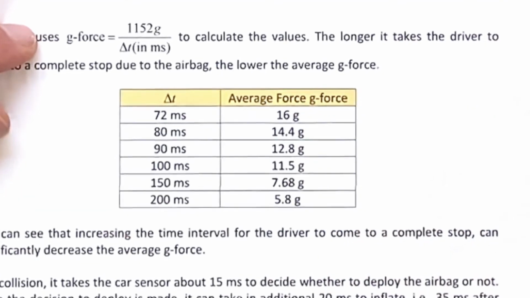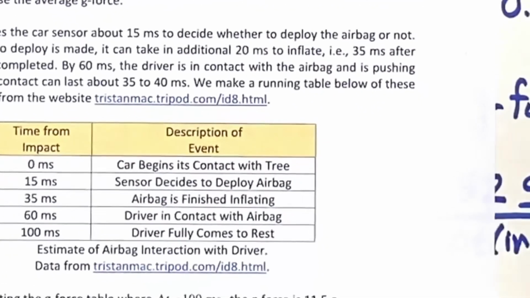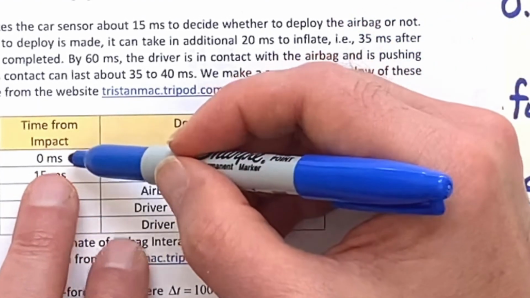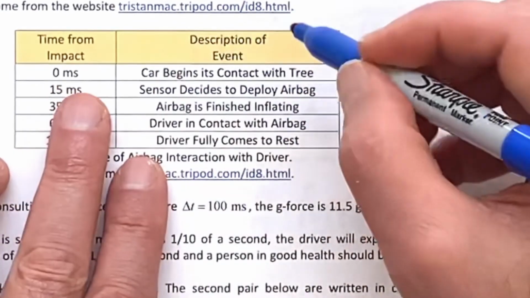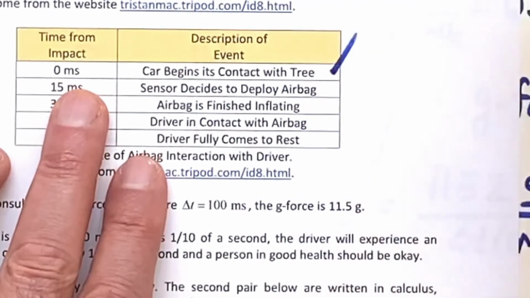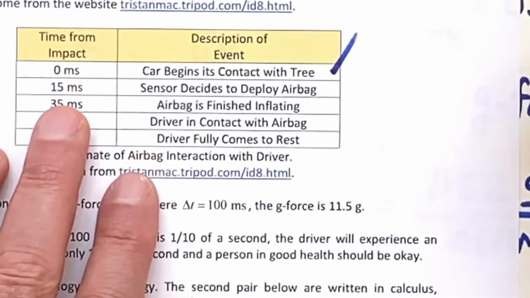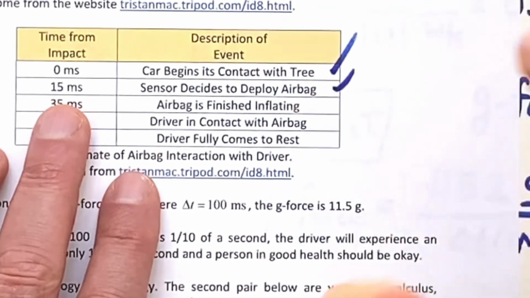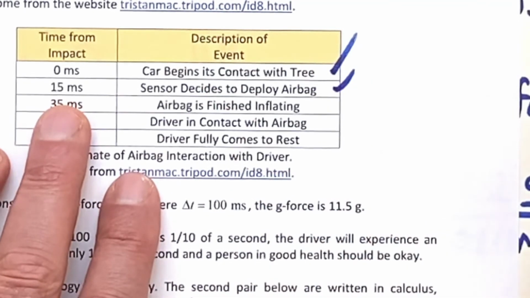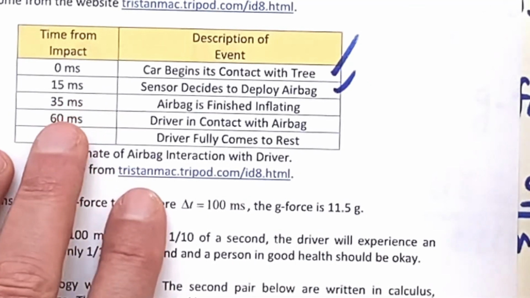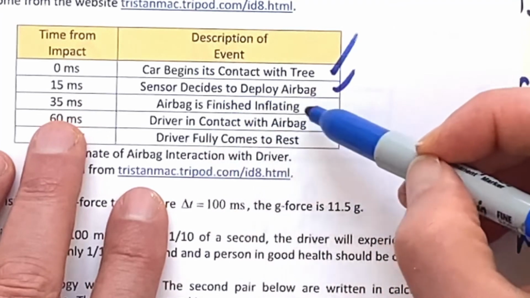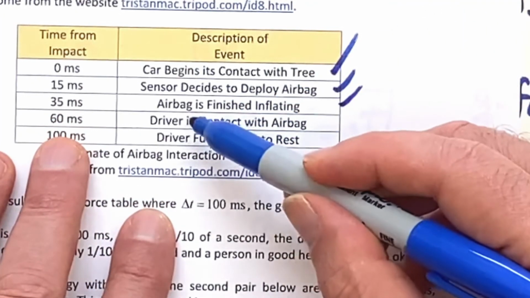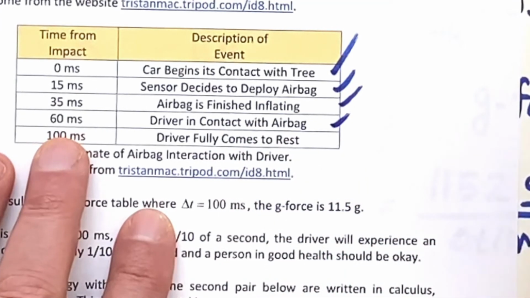So now we're going to look at what happens during the deployment of an airbag. At 0 milliseconds, the car begins its contact with the tree. Collision is in process. At 15 milliseconds, the sensor decides to deploy the airbag. Some realistic data here. In 35 milliseconds, the airbag is finished inflating. Then at 60 milliseconds, the driver's in contact with the airbag.